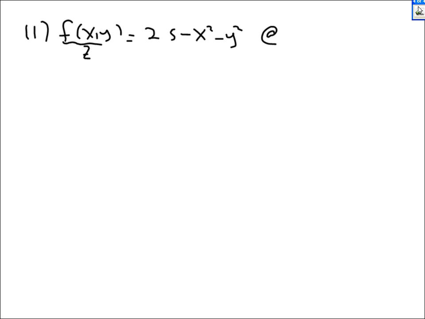Now they want us to find an equation of the tangent plane to the given surface at the indicated point. Find the equation of the tangent plane. Given the function f of x, y, which means z, equals 25 minus x squared minus y squared at the point 3, 1, 15.